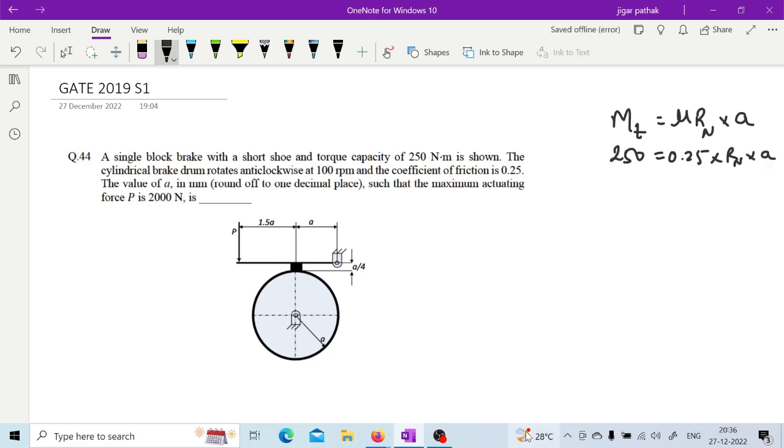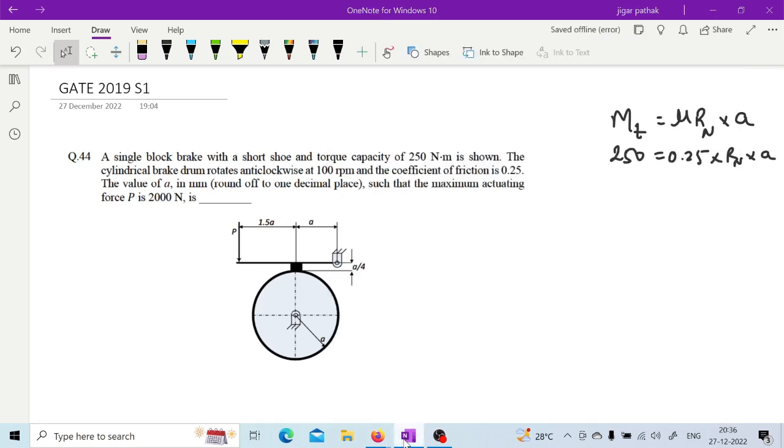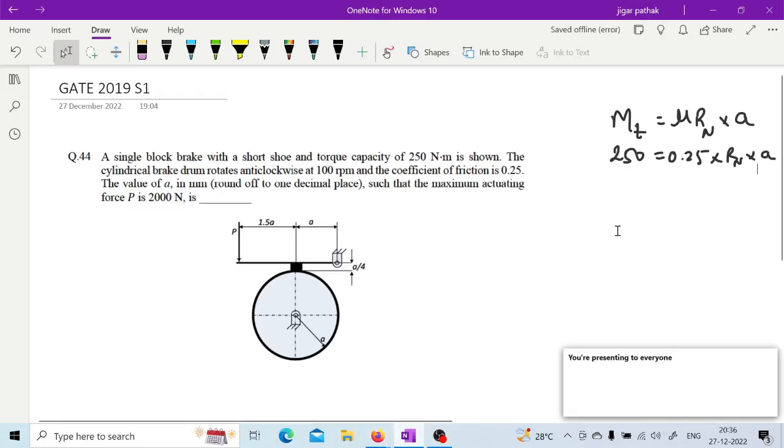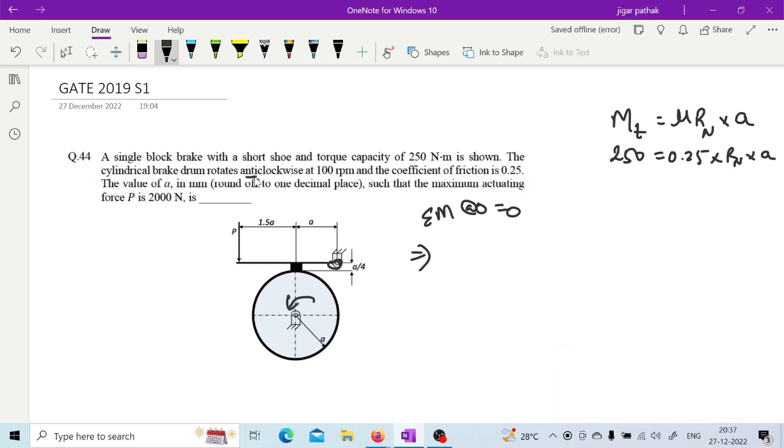And now if you take equilibrium of moment about this particular fulcrum O, then what are the forces acting? This is having anti-clockwise motion, right? It is mentioned here, anti-clockwise.